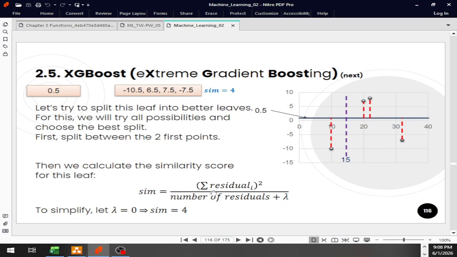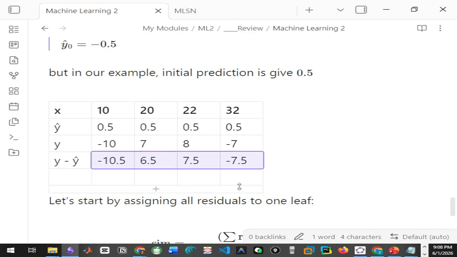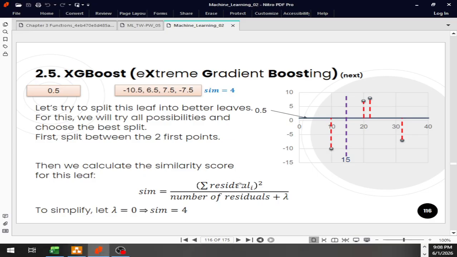So what does this say? Sum of residuals squared over number of residuals plus alpha, and for simplification we've got alpha equals 0. We come to the residuals and do the summation. 7.5 and -7.5 are gone. -10.5 plus 6.5, it's a -4. -4 squared is 16, divided by 4 is 4.